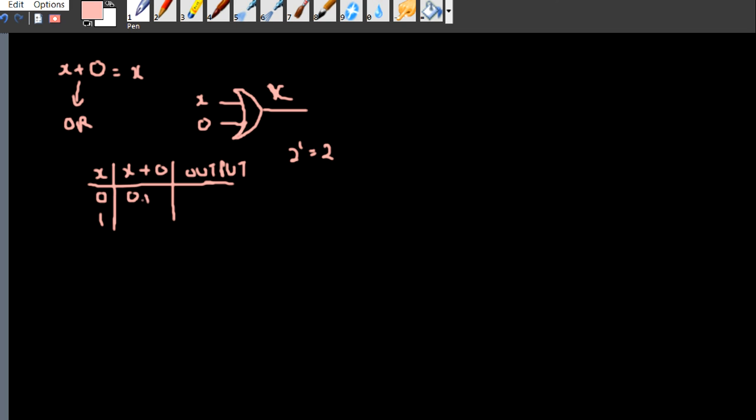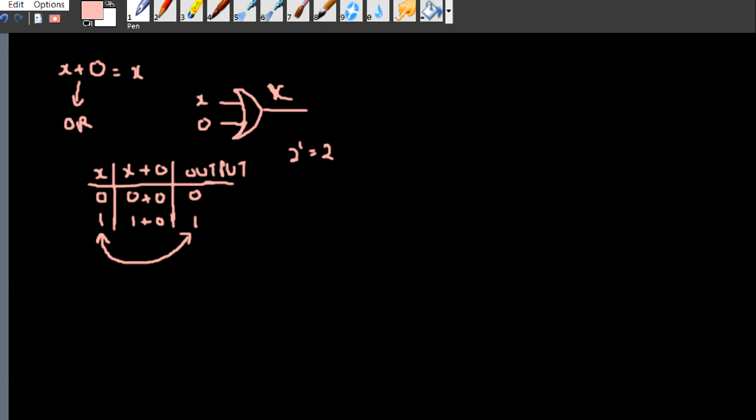Now 0 plus 0 is 0, so output is 0. And 1 plus 0, output is 1. From this truth table, x and the output column are matching with each other, so you can tell that x plus 0 is always equal to x.